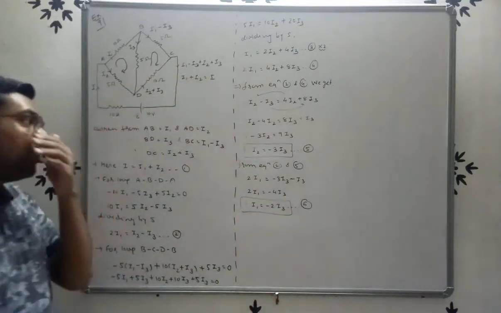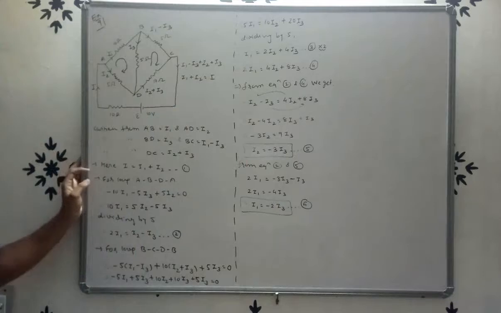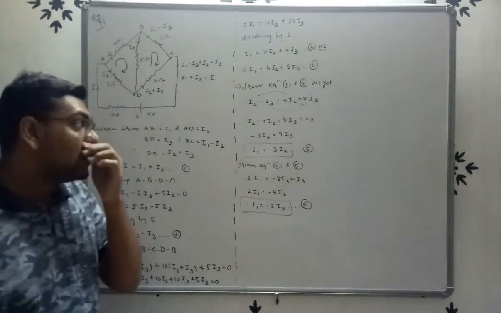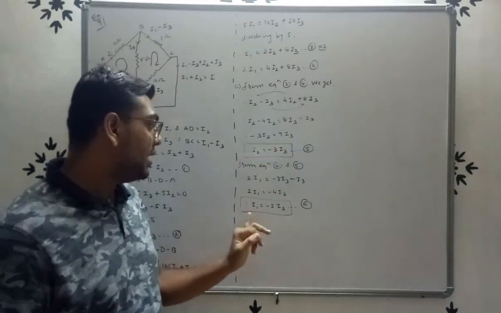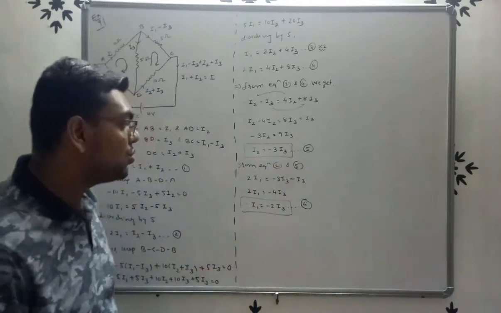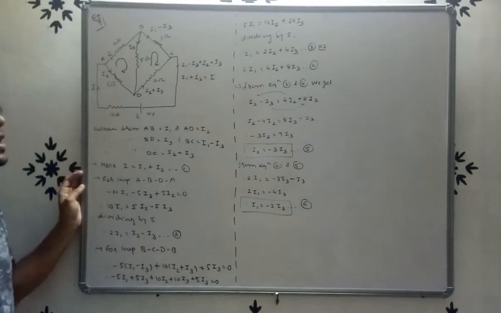So here with the help of these equations we find the relation between I2 and I3, that is I2 is equal to minus 3I3 and I1 is equal to minus 2I3. Right?